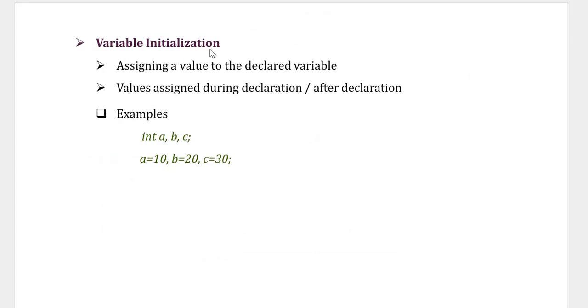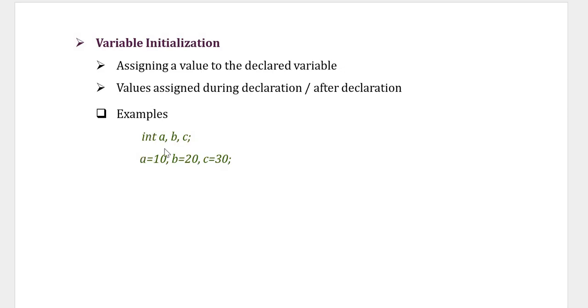Like variable declaration, there is something called variable initialization, which is nothing but assigning a value to the declared variables. Values can be assigned during the declaration or after the declaration. In this example, you have int, which is the data type.